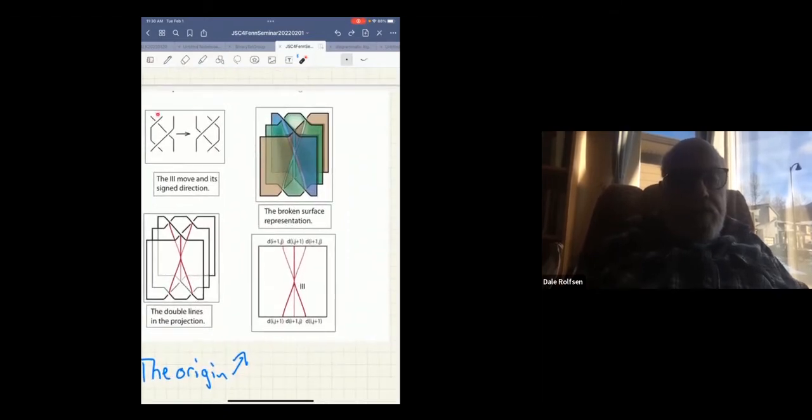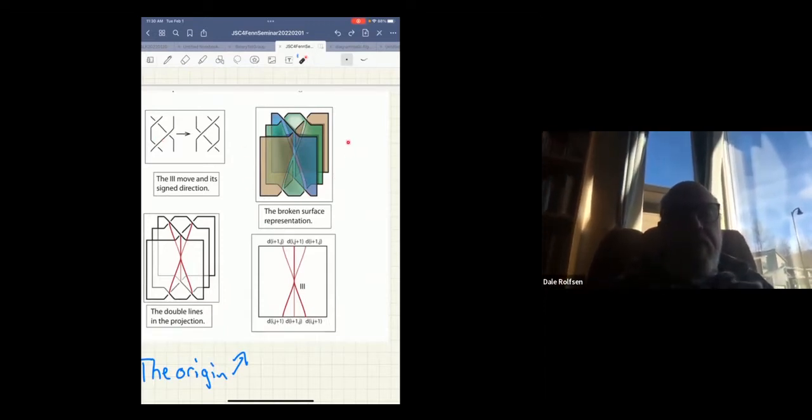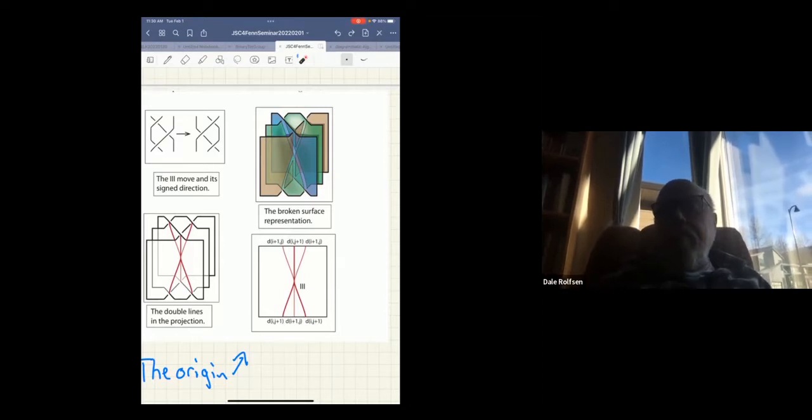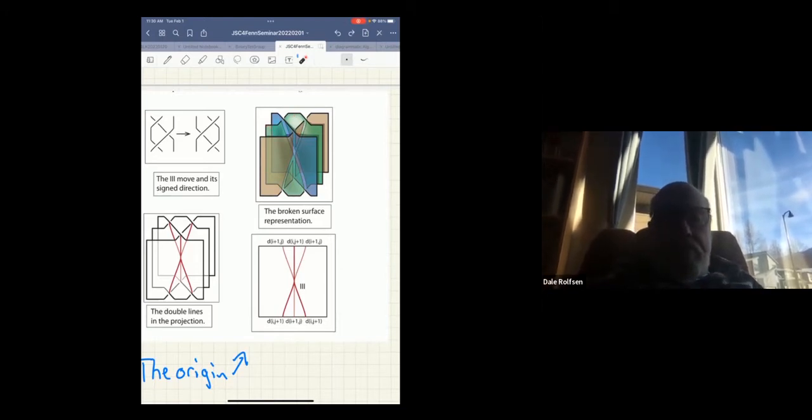The next glyphs come from the Reidemeister type 3 move. So the Reidemeister type 3 move describes, in 4 space, this broken surface diagram. In the broken surface diagram, you'll have a top sheet, a middle sheet, and a bottom sheet. The bottom sheet is broken into 4 pieces. The middle sheet is broken into 2 pieces, and the top sheet remains unbroken.